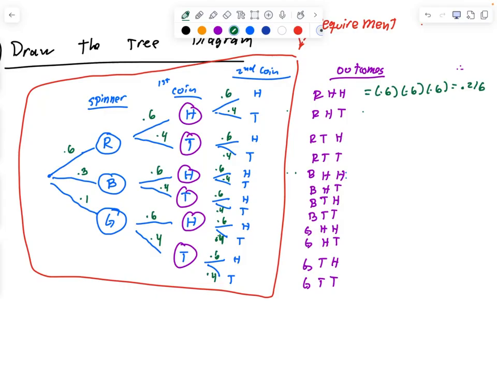If you want to, you could find all of them, but you don't have to. You can just see what the question is asking and find those individual ones at the end. Yeah, it's multiplication. What's the probability of blue, heads and then tails? We got the answer.